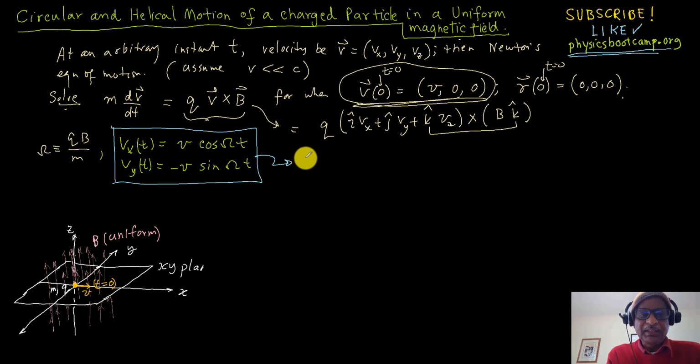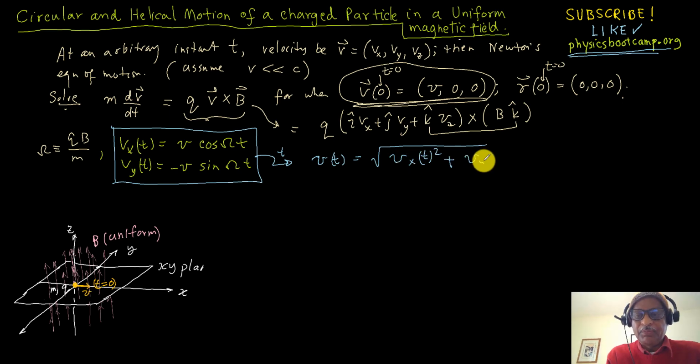From here you can immediately see that at an arbitrary time t, the speed at time t is equal to the square root of vx(t) squared plus vy(t) squared plus vz(t) squared. Now vz is 0, so this plus this is equal to simply the square root of v squared times cosine squared omega t plus sine squared omega t.